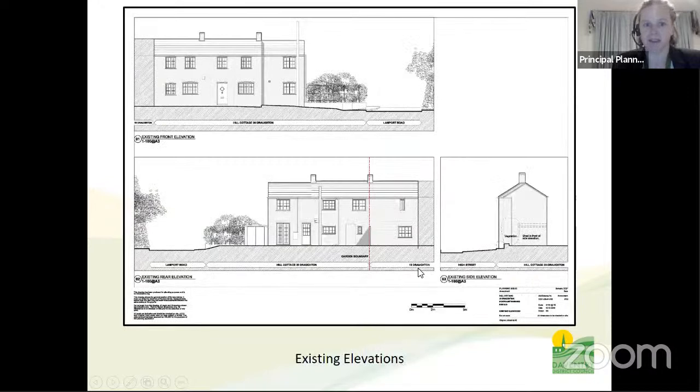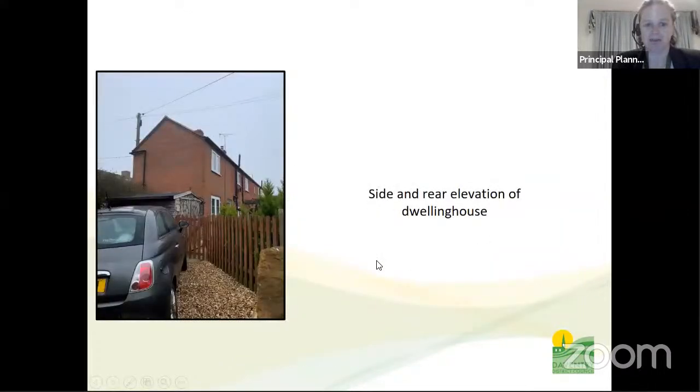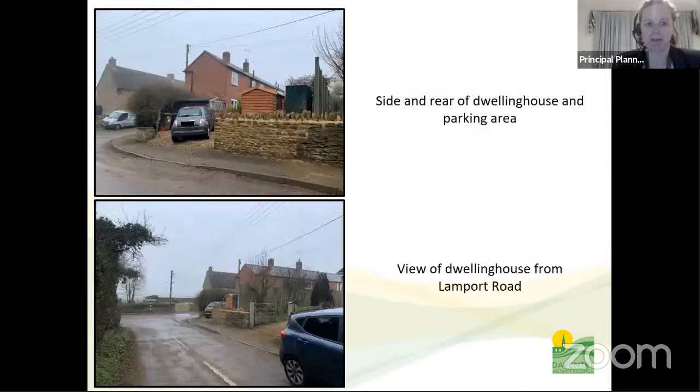So as officers, we consider that the proposal will still be subservient to the main property, and it's considered that the development is acceptable. It will not have an impact on residential amenity or the street scene. So these are photos of the site. Therefore, the application is recommended for approval. Thank you, Chairman.